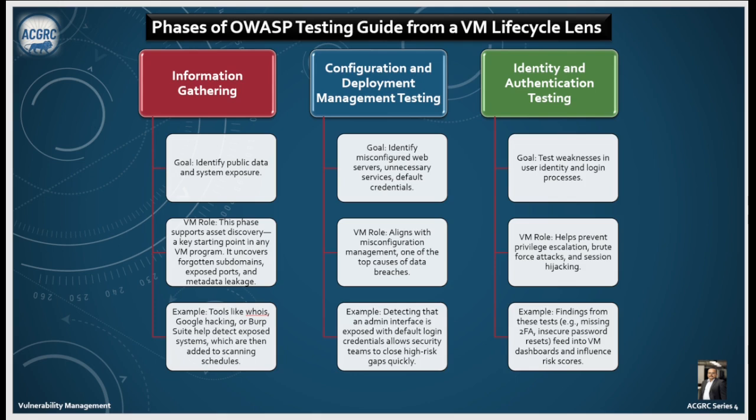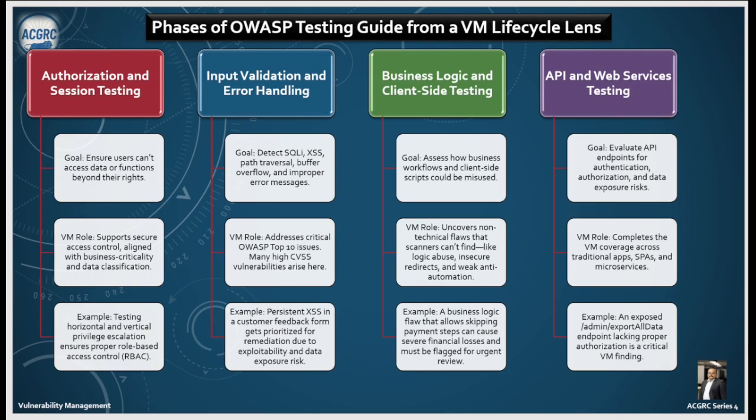The fourth part of the life cycle is authorization and session testing. In simple language, this phase focuses on two important questions. Can users access only what they are allowed to, which is authorization, and are users' login sessions managed securely, which is session management?